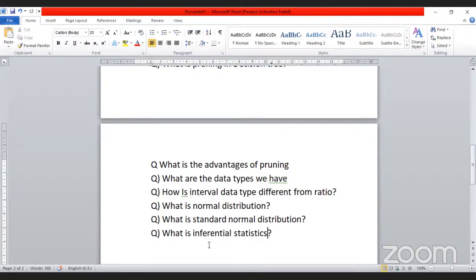For example, if we take the example of elections, they are not going to ask each voter whom they are going to vote for, right?